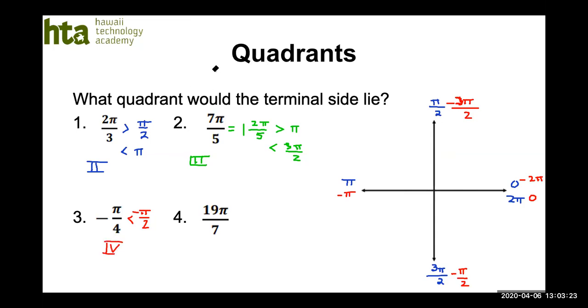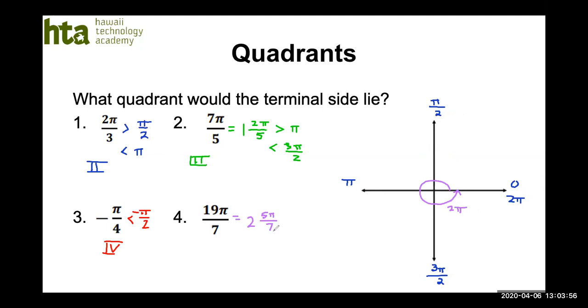All right, number 4 is positive, so I'm going to get rid of all these negatives here. I'm going to make this into a mixed number. 2 7s fit into there, so 2, and then we have remainder 5 over 7. So 2 and 5/7 pi. That means if it went 2 pi's, it went a full revolution. Full revolution is 2 pi.